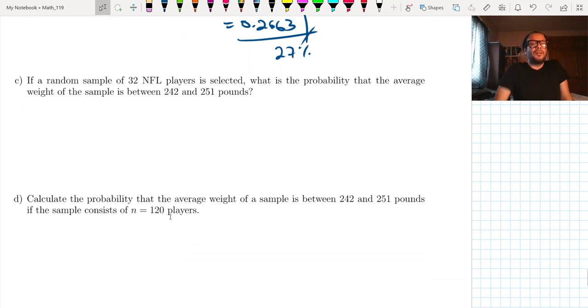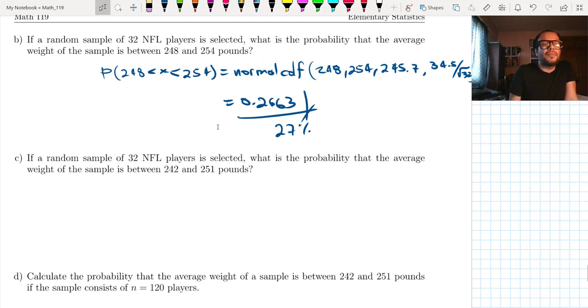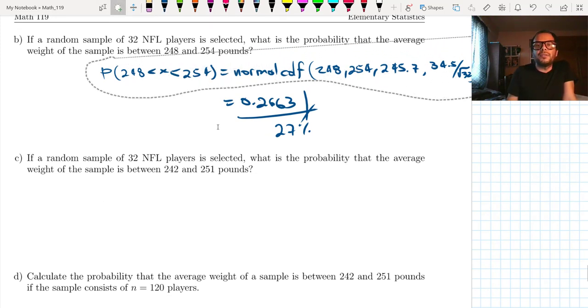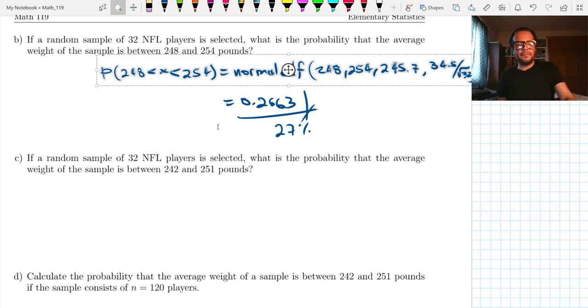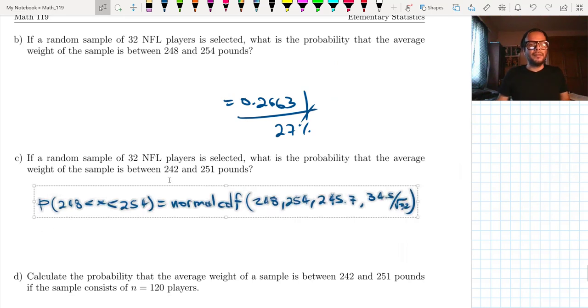Okay. A random sample of 32 NFL players is selected. What is the probability that the average weight of the sample is between 242 and 251? So basically the same. Let me actually copy. It's going to be very similar calculation. Okay.